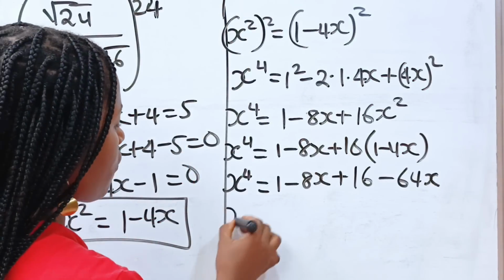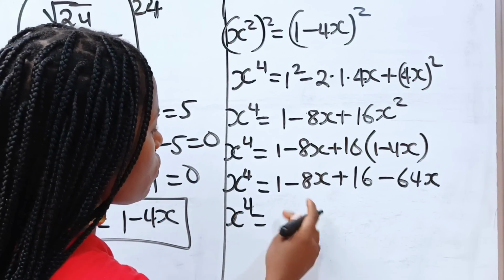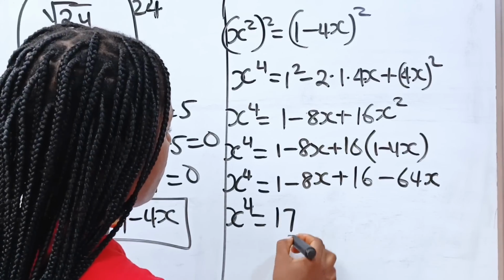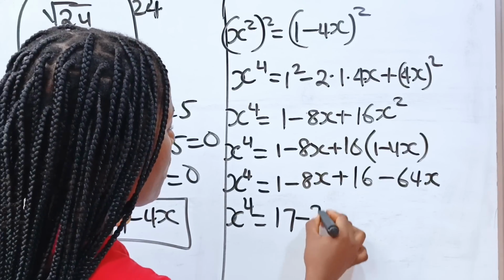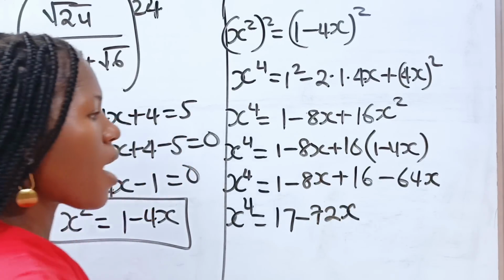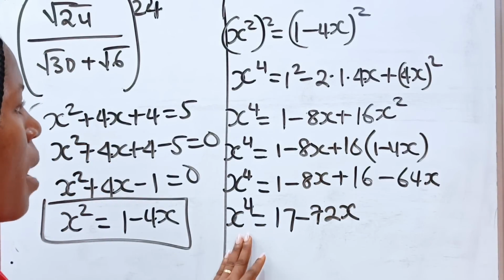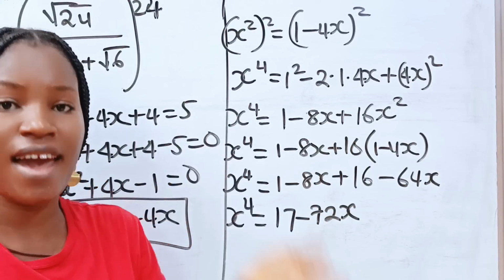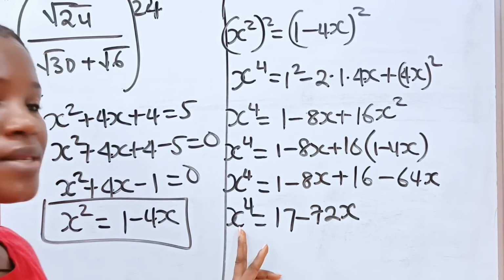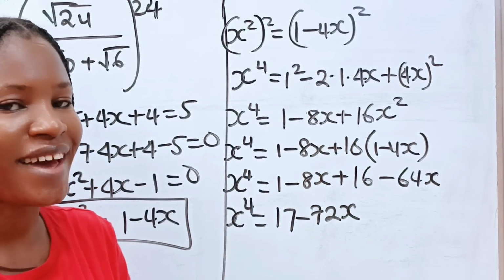All right, so we have x^4 is equal to 1 plus 16 will give us 17, minus 8x minus 64x will give us minus 72x. All right, now remember that our target is x^8, so we are going to square this again to get to x^8.